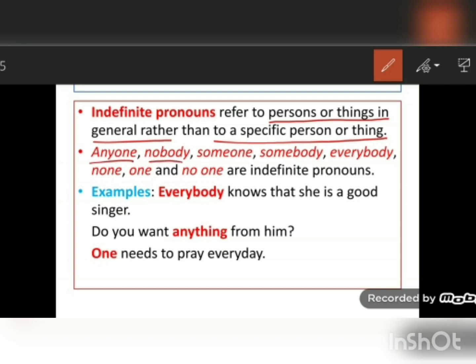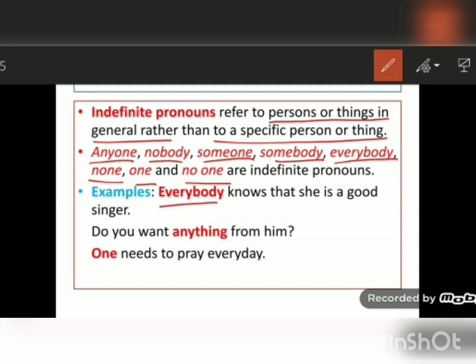Anybody, nobody, someone, somebody, everybody, none, one, no one are all indefinite pronouns. For example, everybody knows that she is a good singer. We are talking in general. I am not saying a specific person knows.